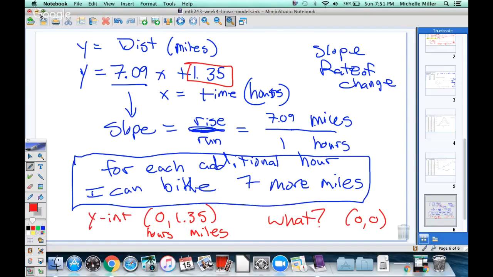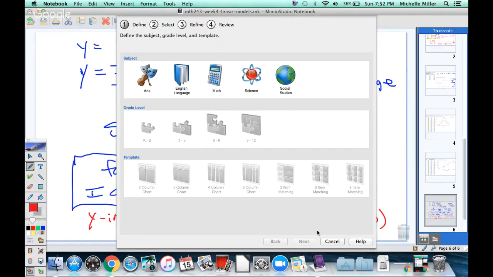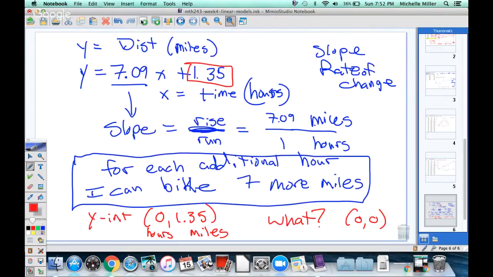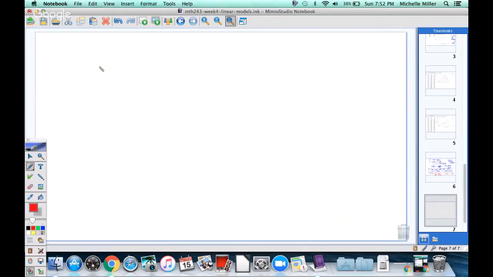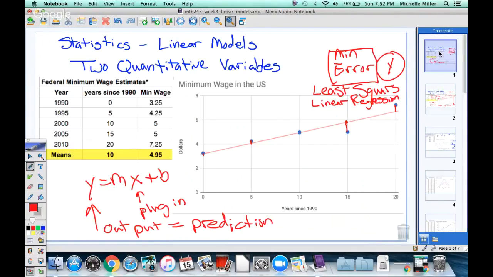If we look at the example of the minimum wage, the y-intercept there was about 3.25, let's call it.